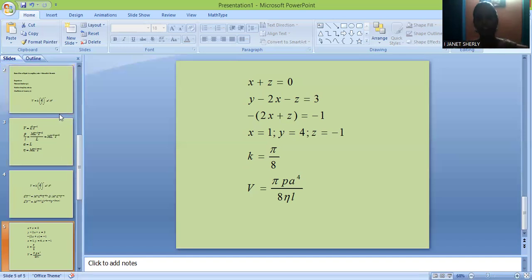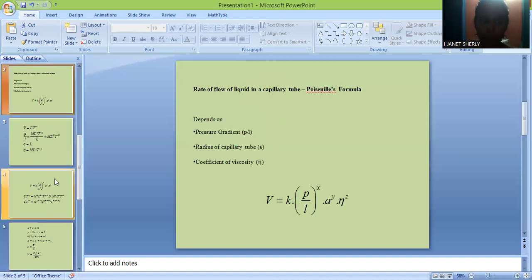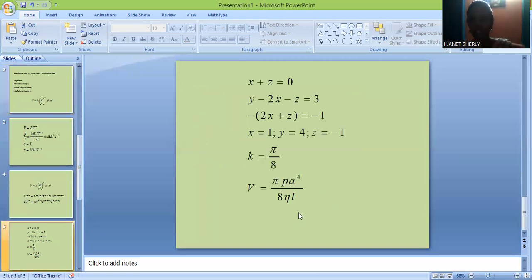So V is equivalent to pi by 8, which is K, (P/L)^1, so I have P by L, and a^Y, so it is a^4, and then I have eta^Z, so it is eta^-1, which I just bring down. It is a^4 over eta L. So this is the rate of flow of liquid in a capillary tube with Poiseuille's formula.